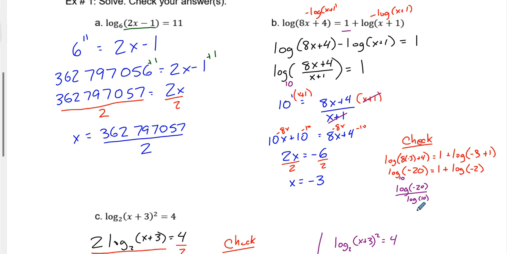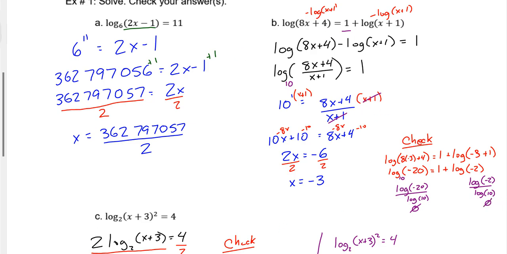Well, if you plug that into your calculator, you don't get an answer, you get an error. Because we can't find the log of a negative number, just the same as we would not be able to find the log of negative 2. If we were to type that into our calculator, the log of negative 2 divided by the log of 10, it would also give us a non-answer, an error.